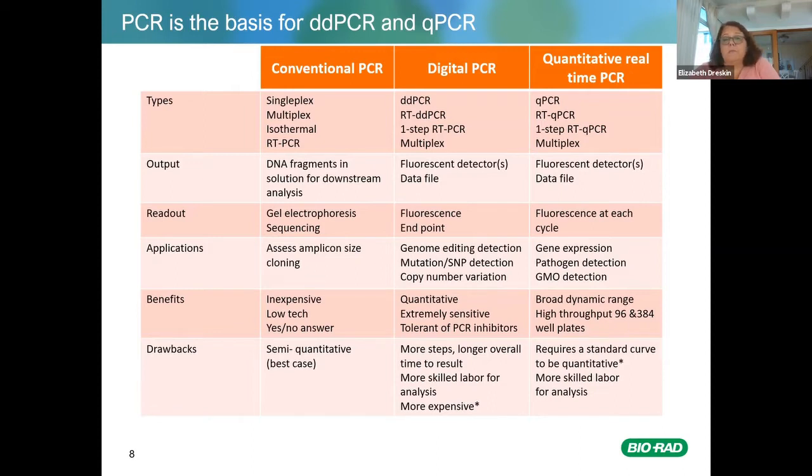So that takes up some of your real estate on your plate, so you can run fewer samples. It also requires some skilled labor for analysis, the same as digital PCR. All of these techniques are complementary in that you may need to use any one of these techniques to answer a specific question.